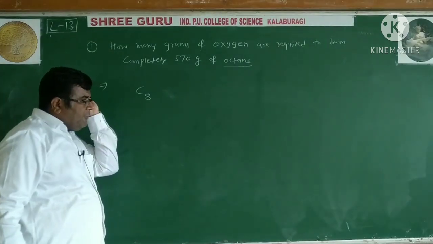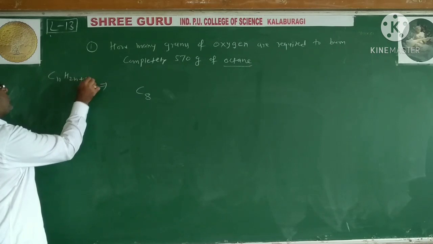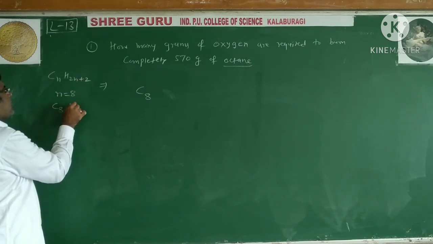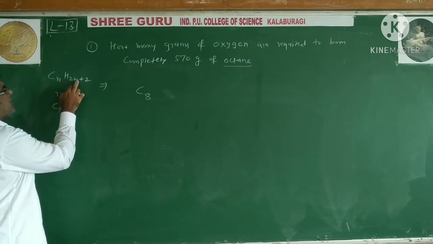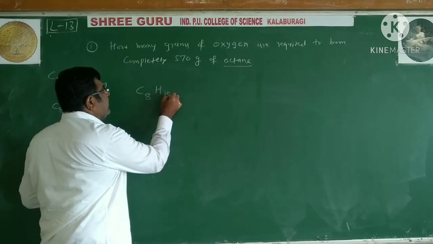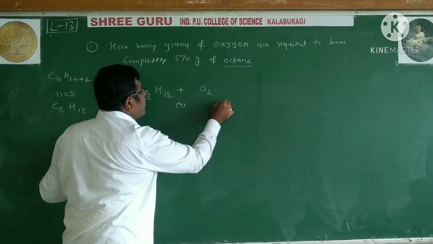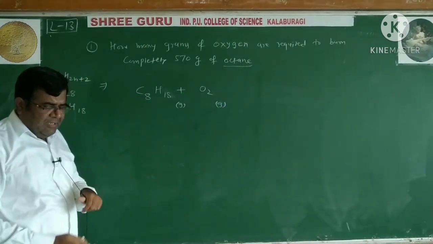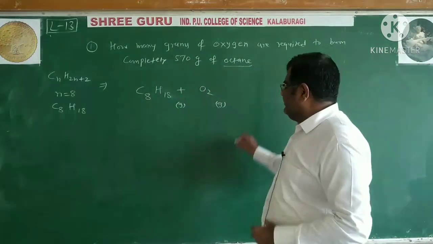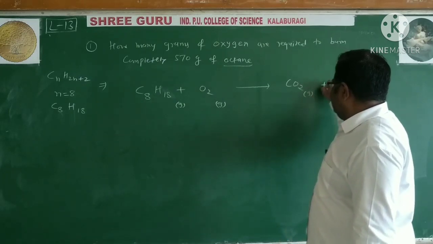C8, it is CnH2n+2. n equals 8. So C8, H 2 into 8, 16 plus 2, 18. C8H18 plus oxygen. We have to burn the hydrocarbon, and when we burn a hydrocarbon, we get carbon dioxide gas and H2O gas.